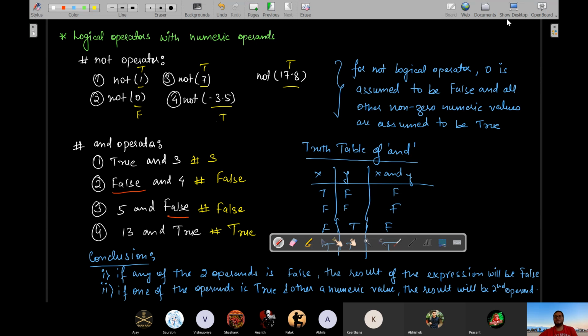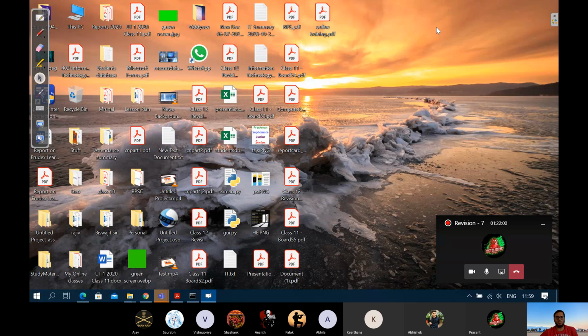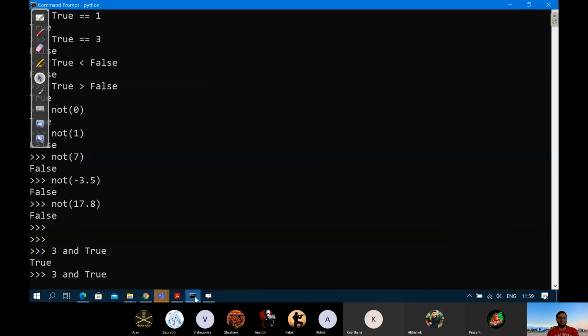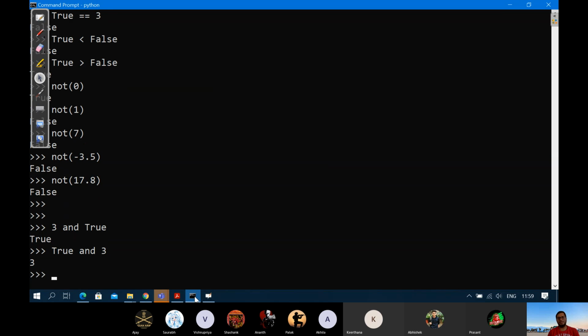Okay. If we reverse the sequence, true and 3, the answer will be 3. Okay, tell me the answer of this. Remember, in the truth table of AND, the moment one of the operands becomes false, the answer is bound to be false.